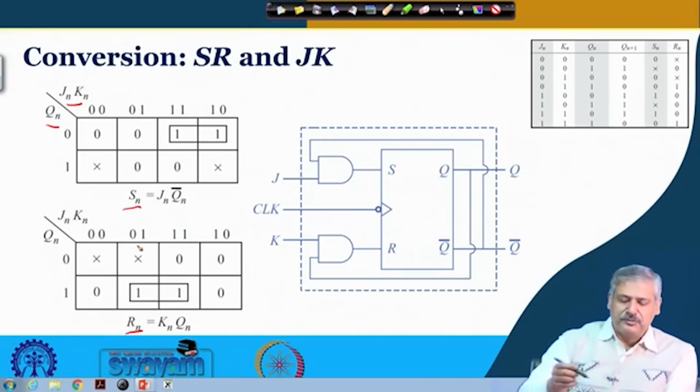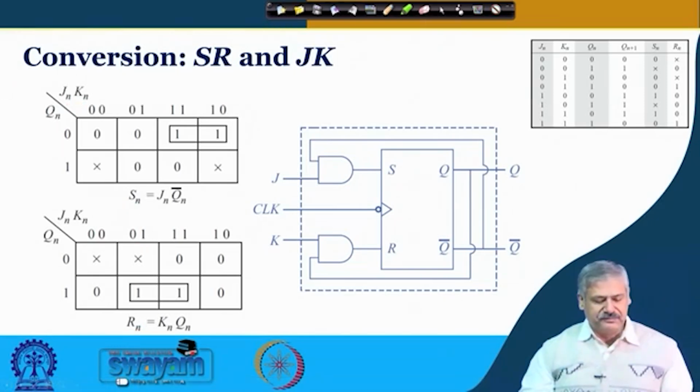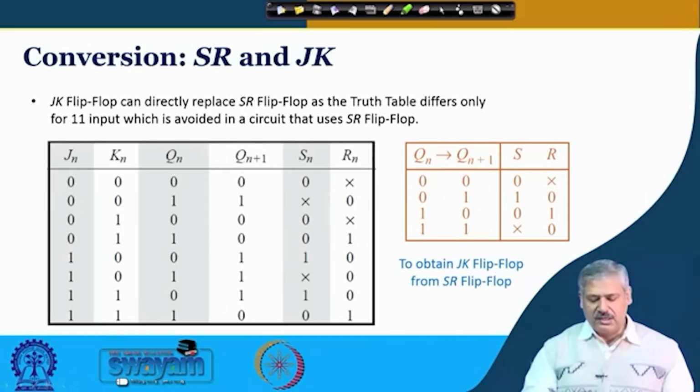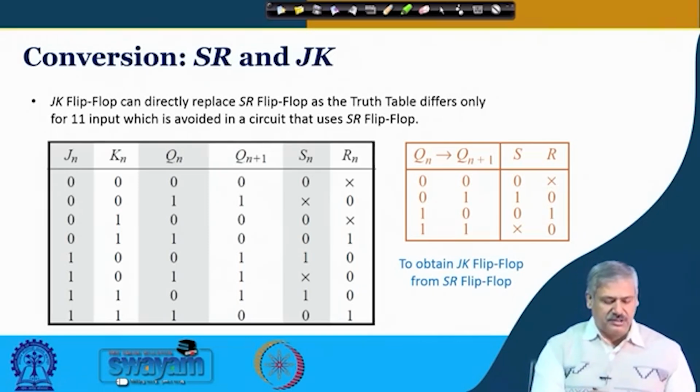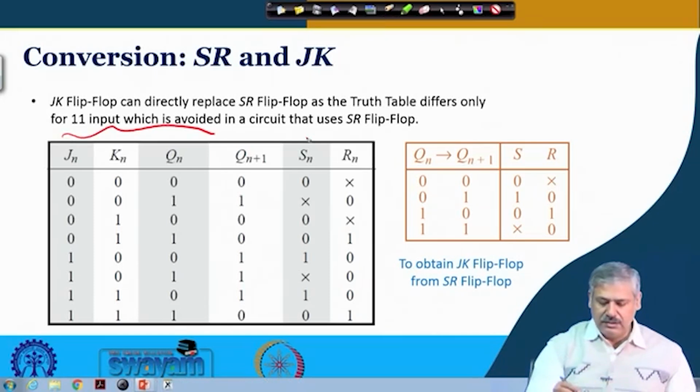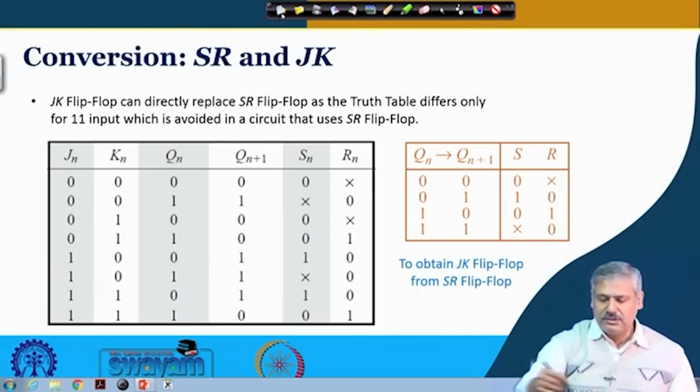So, from the truth table that we had just seen, do a mapping from Jn, Kn, Qn to Sn, and then Jn, Kn, Qn to Rn. So, two such Karnaugh maps will be there, two such relationships will be available.